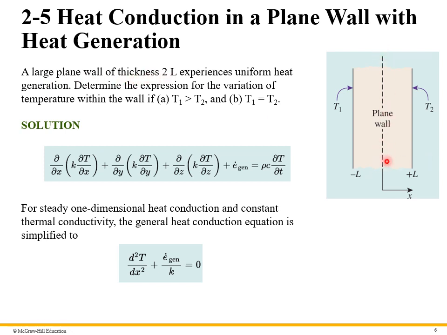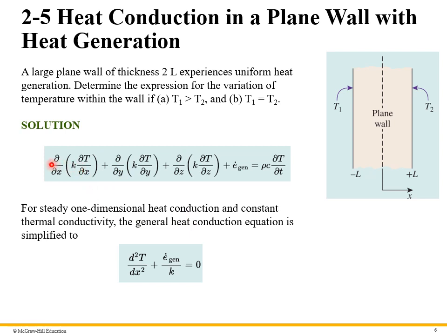Here's the center of the wall, and it's L on each side, so the whole thickness is 2L. You have a temperature on one side called T1, and a temperature on the other side T2. This is a one-dimensional problem, so we can get rid of this term here. The temperature is only going to be a function of x. It's one-dimensional, so this cancels, and it's steady state, so this is going to be equal to 0.